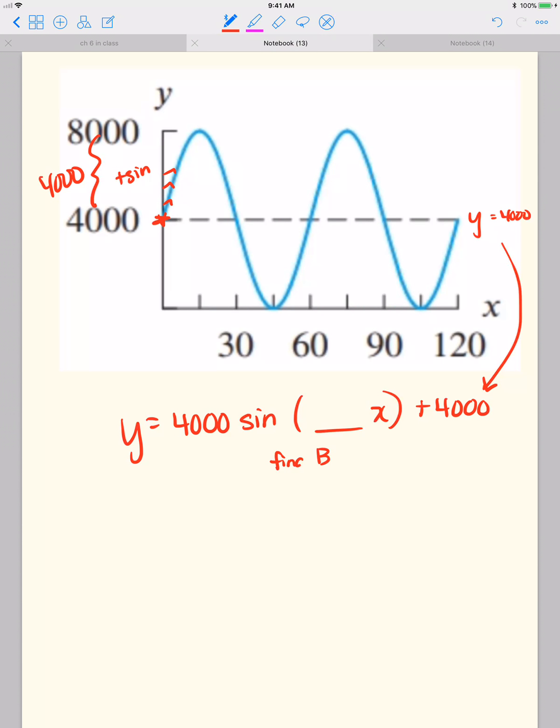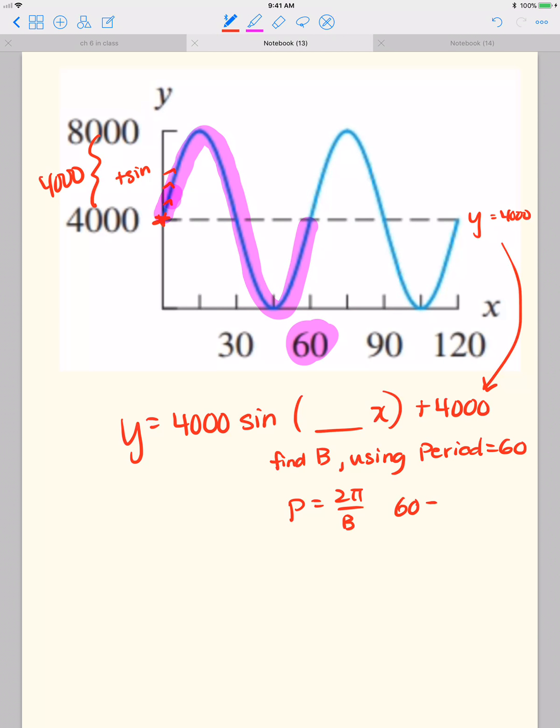Finding our b value using the fact that the period, if we follow it, starting at x equals 0, starts at 0, works its way back up when x is 60. So our period is 60. So we have 60 equals 2 pi over b.